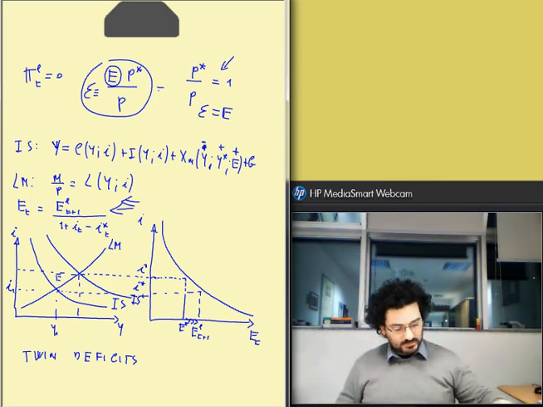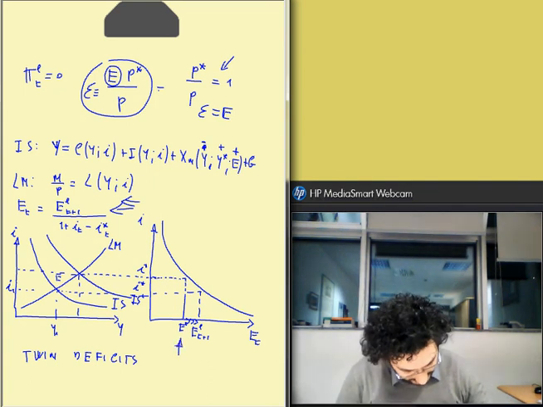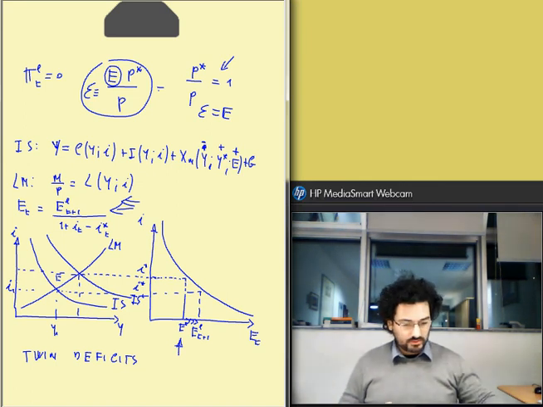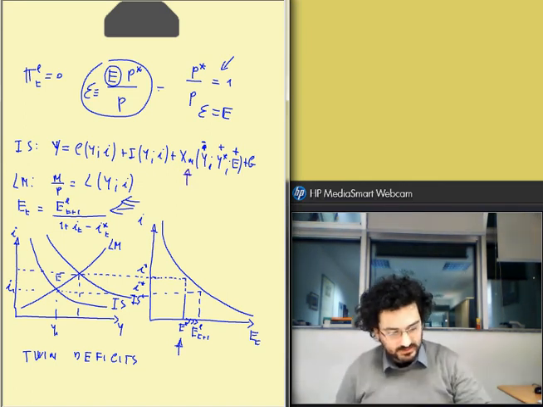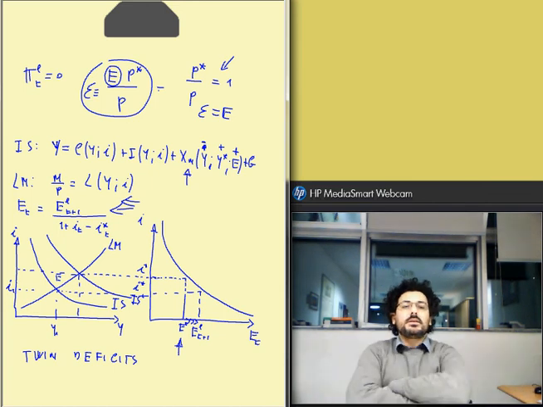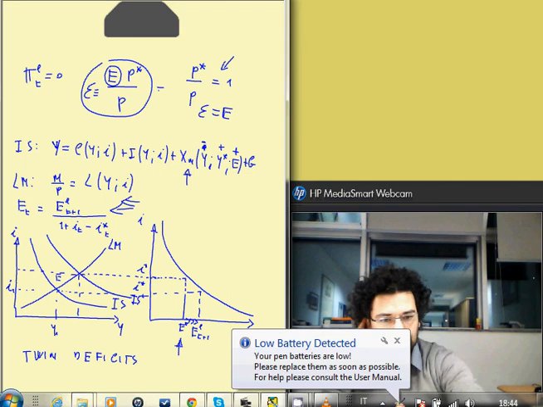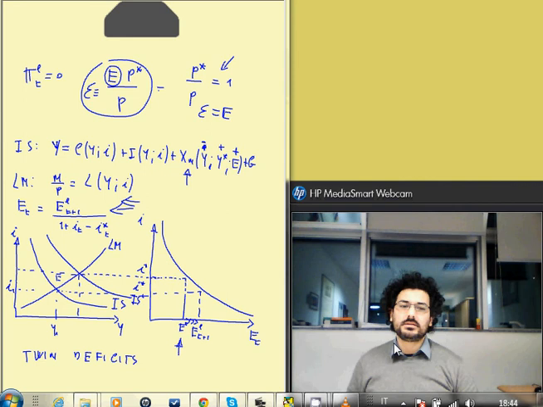But the first effect, the appreciation in the exchange rate, means also a decrease in net export, so a trade balance deficit. So this is the so-called twin deficit.